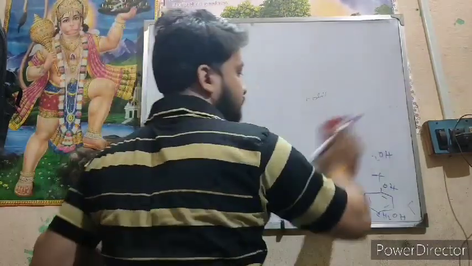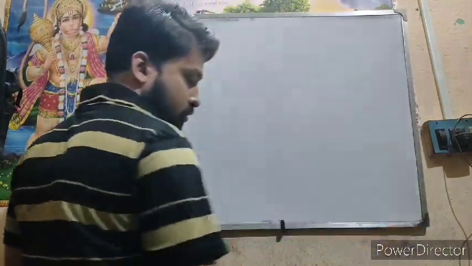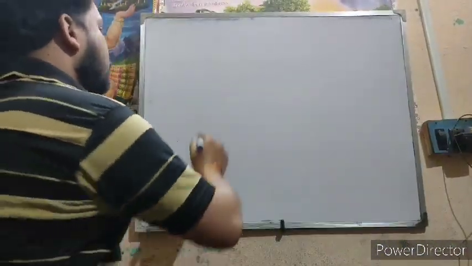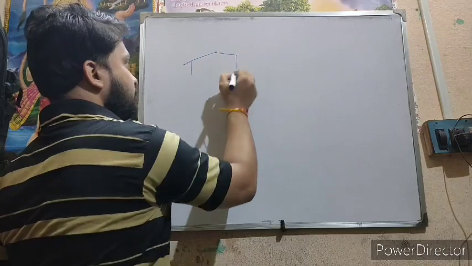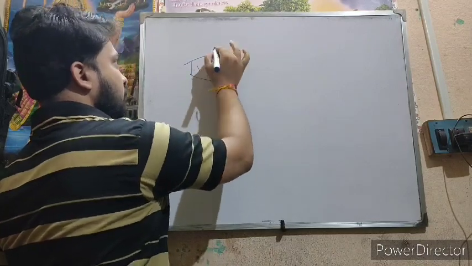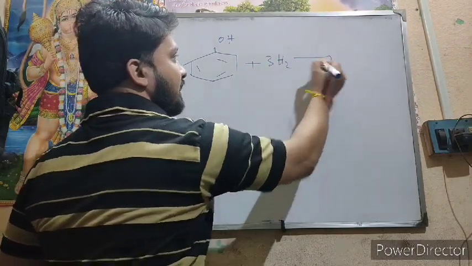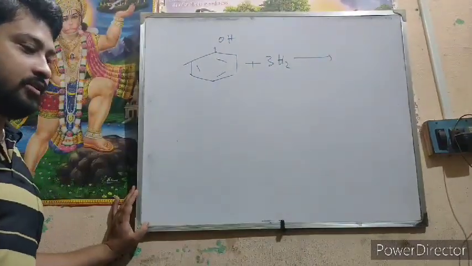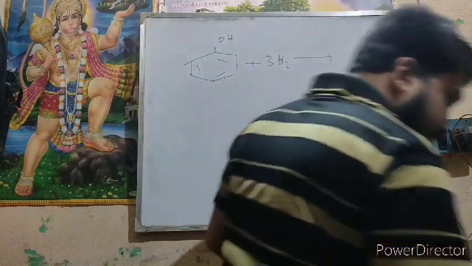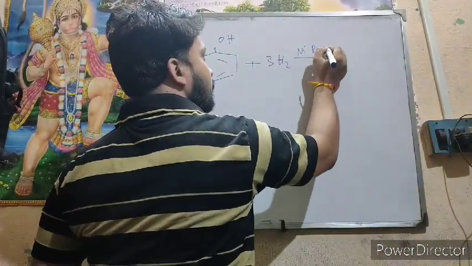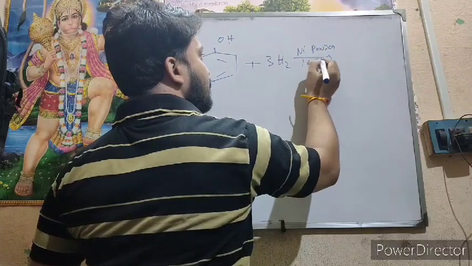There are more reactions. One is if you react phenol with hydrogen, this is phenol, and you react with H2, this is the reduction process. Nickel powder at 160 degrees centigrade.